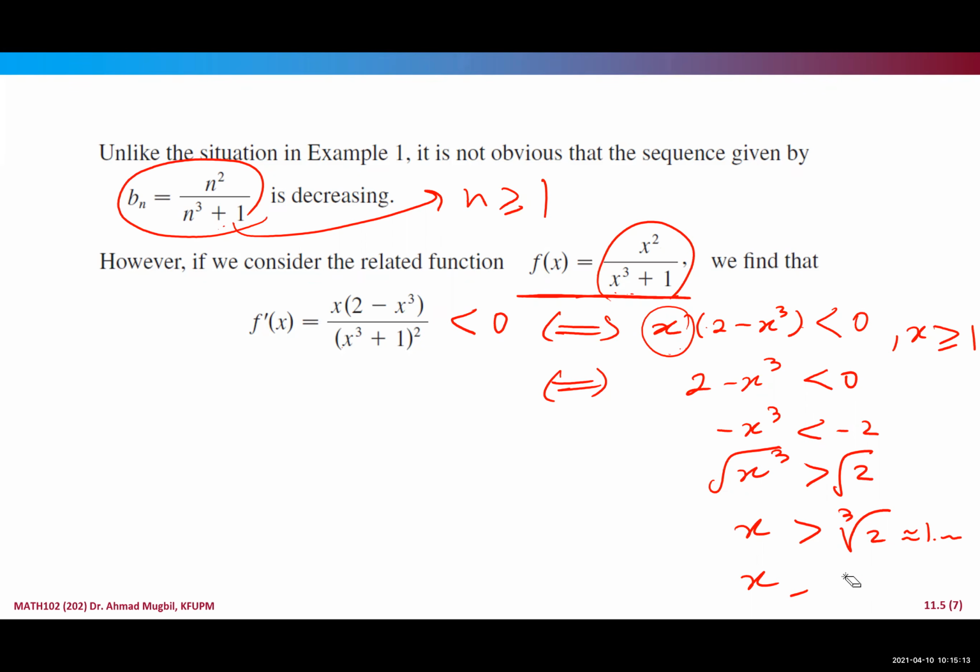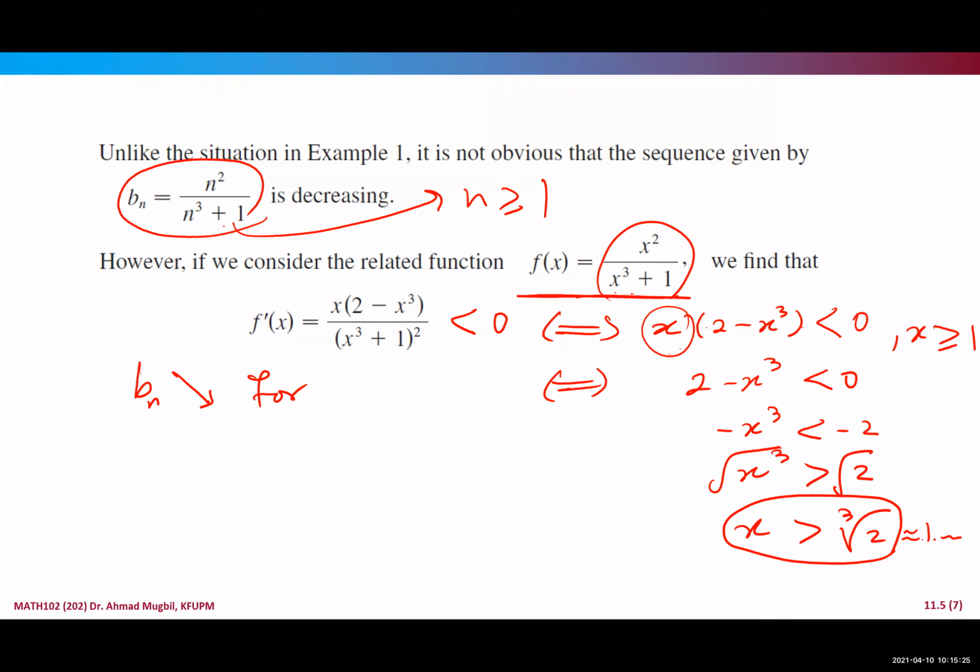For the function, it is decreasing for x greater than this. Now for the sequence, for the series, for the Bn, it is decreasing for what? We don't have 1 point something for the integers, so we will say when n is greater than or equals 1 point something, it means that it is greater than or equals to 2. So this function is decreasing to 0 for n greater than or equals to 2.